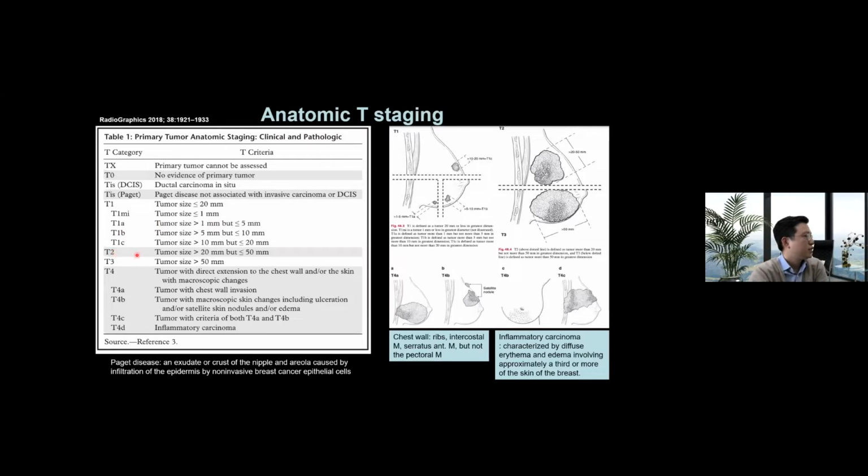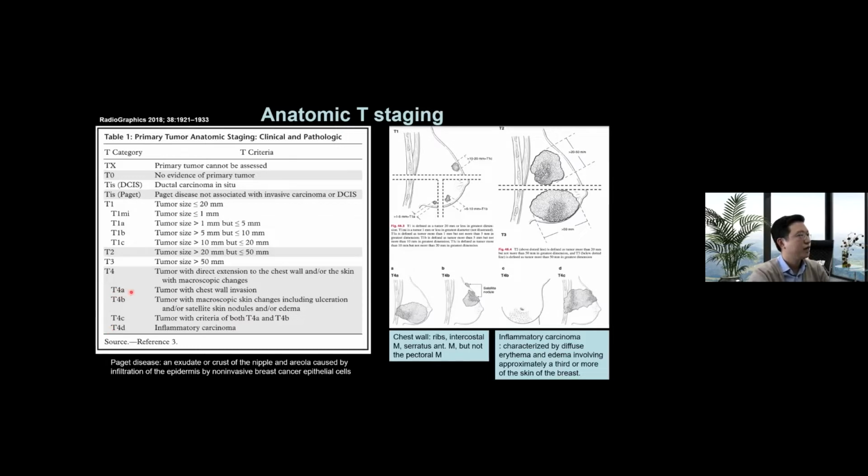And T2 stage means 20 millimeter to 50 millimeter, and T3 indicates size over 50 millimeter without any extension to a chest wall or skin. And T4 includes tumor with extension to chest wall or skin, divided into 4 different categories.